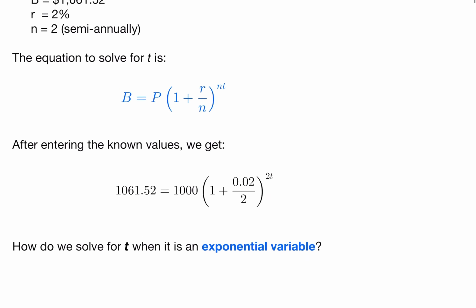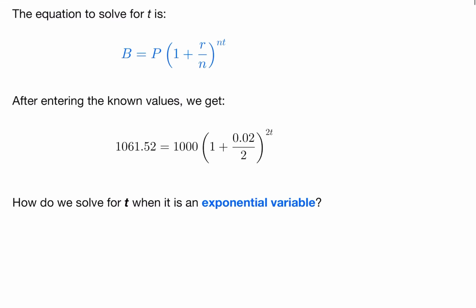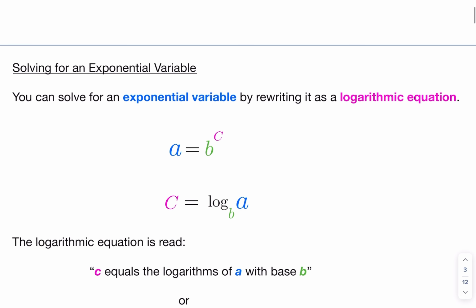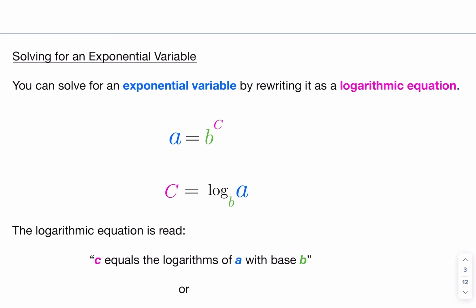Now, the question is, how do we solve for t when it is an exponential variable? This is the challenge. In order to solve for an exponential variable, we need to know another math function, which is called the logarithmic function or equation. So when we're solving for a particular exponential variable, we have to rewrite the equation as a logarithmic equation.